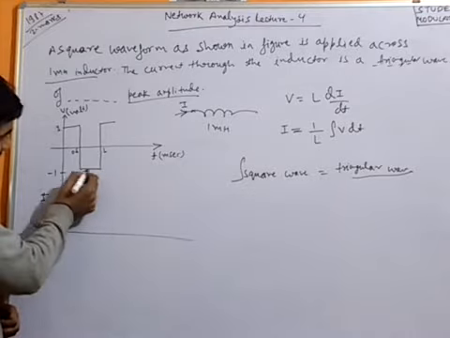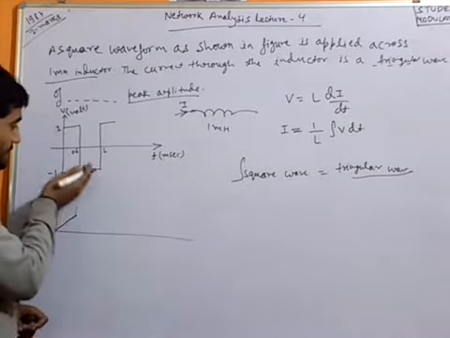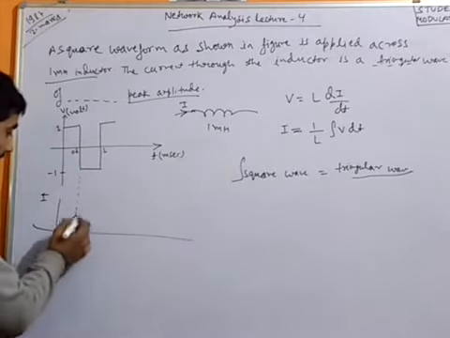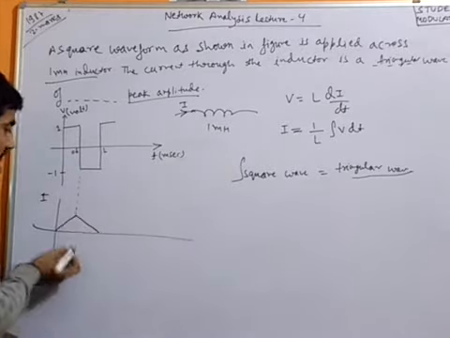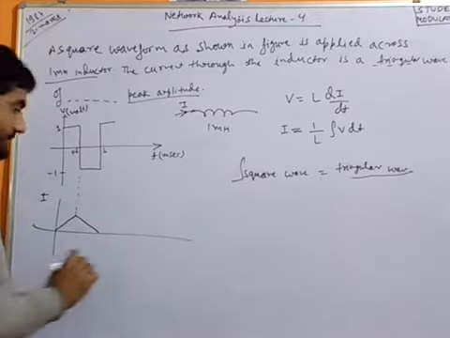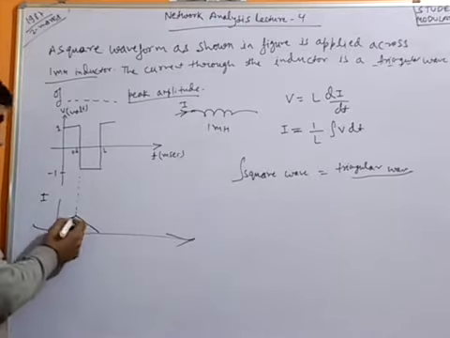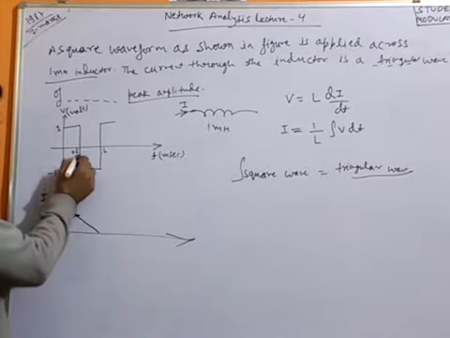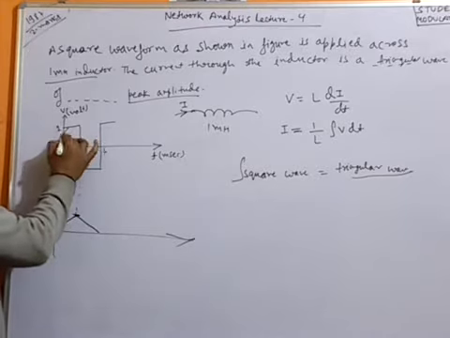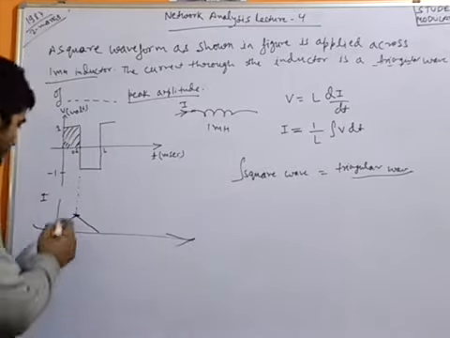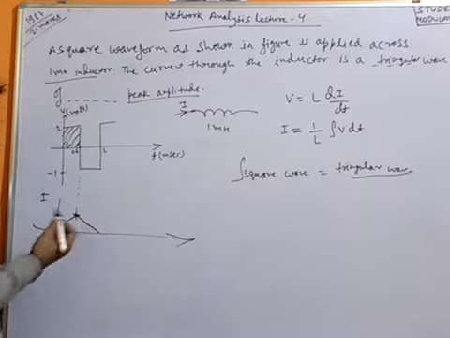Then after that the voltage is negative, so negative values will be added, which means the value will start decreasing. So overall the waveform will be like this, a triangular waveform, and the peak value will be at 0.5. If we find the area of this part, that will be the integration value up to this point, and that will be the peak amplitude.